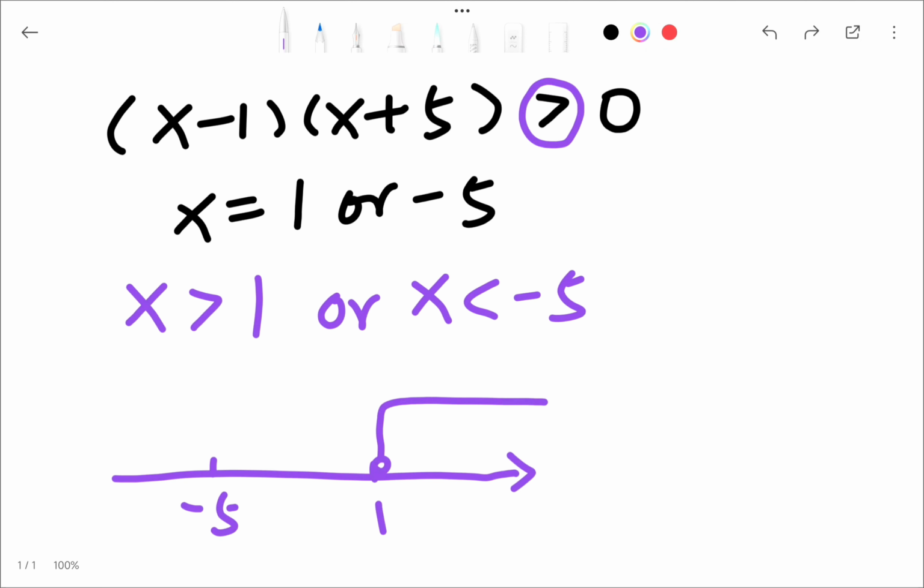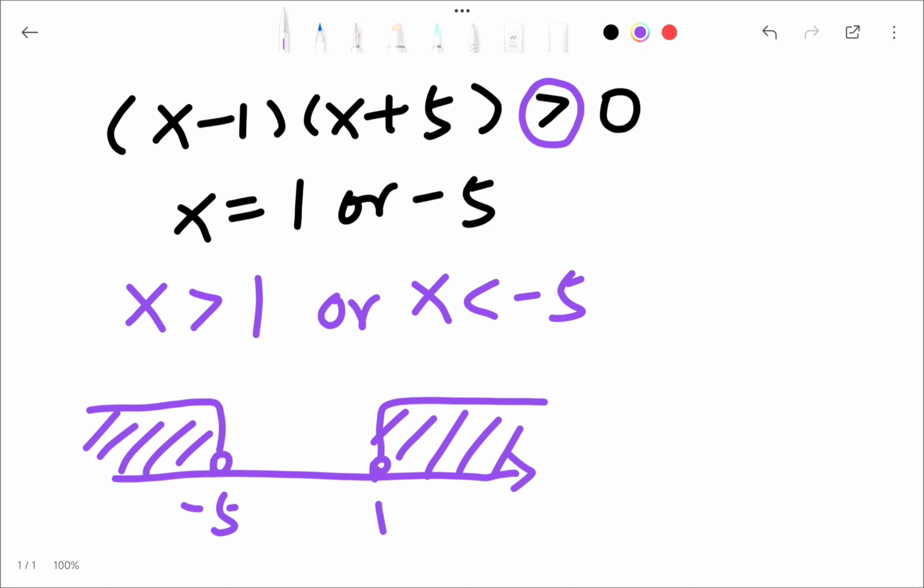It means 1 is not part of the answer, but everything that's greater than 1, as shaded here, forms part of the answer. And we do the same to everything that is less than -5, excluding -5.